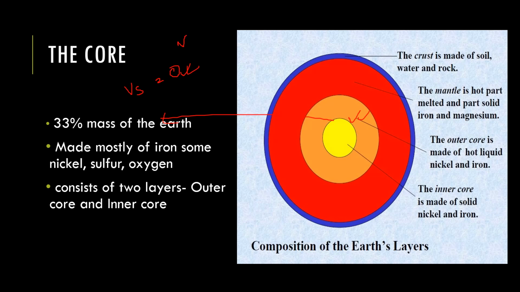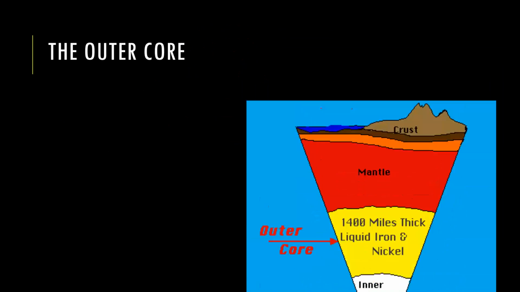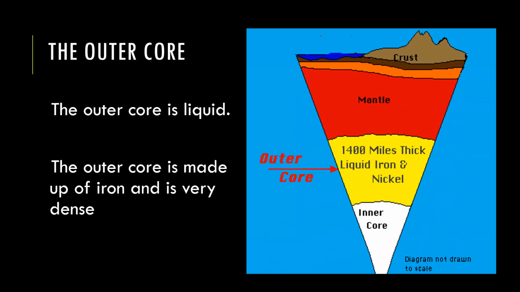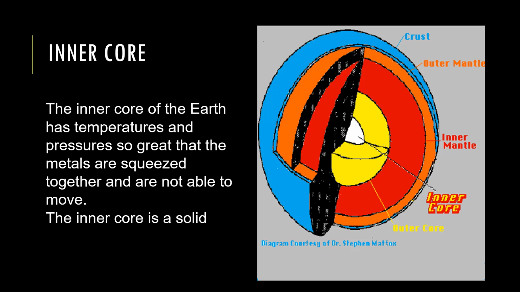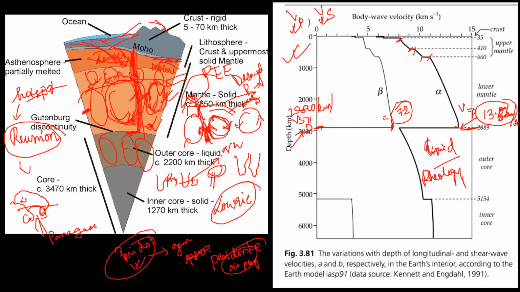As we know, S waves cannot propagate through fluid. So where the S wave is not found, we can say the outer core is fluid in nature. The outer core is liquid, we know that. The inner core is solid, made up of metals.